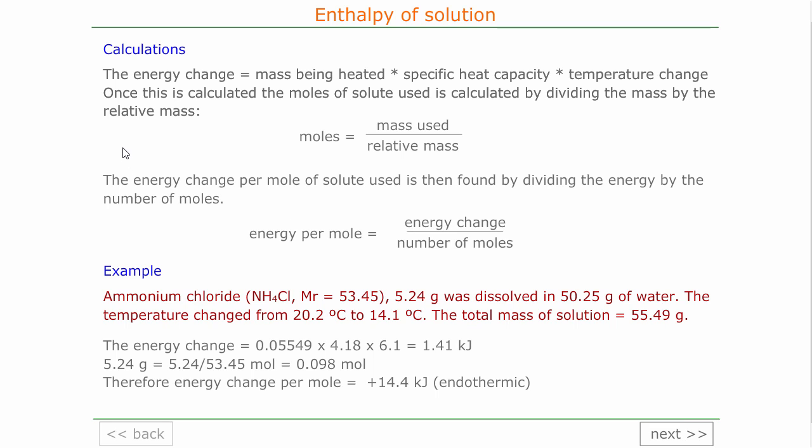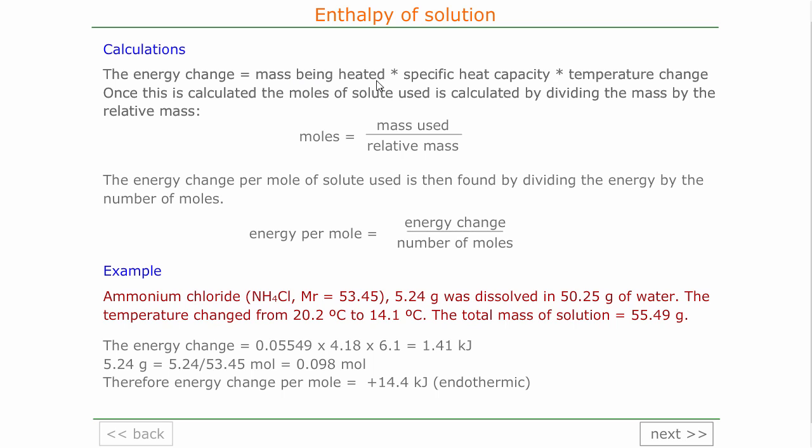The calculation is fairly straightforward. As I said, we need to know the number of moles of solute that we've dissolved, so we need the mass of solute divided by the relative mass of the solute. The energy change will be for the mass being heated, which in this case is the whole solution, because the solute will be dissolved in the solvent and make a homogeneous solution.